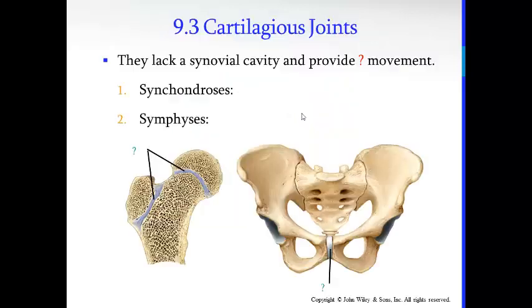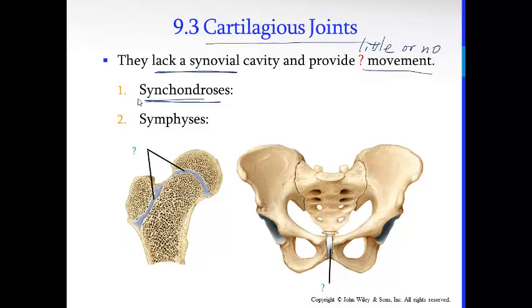Now, the cartilaginous joints also lack a synovial cavity. As a result, they provide little or sometimes no movement at all. We can see two types of examples. Synchondrosis is a good example of our epiphyses.